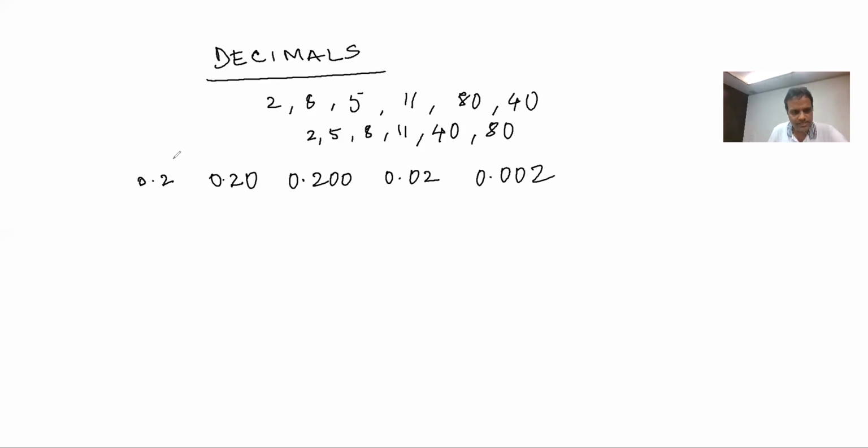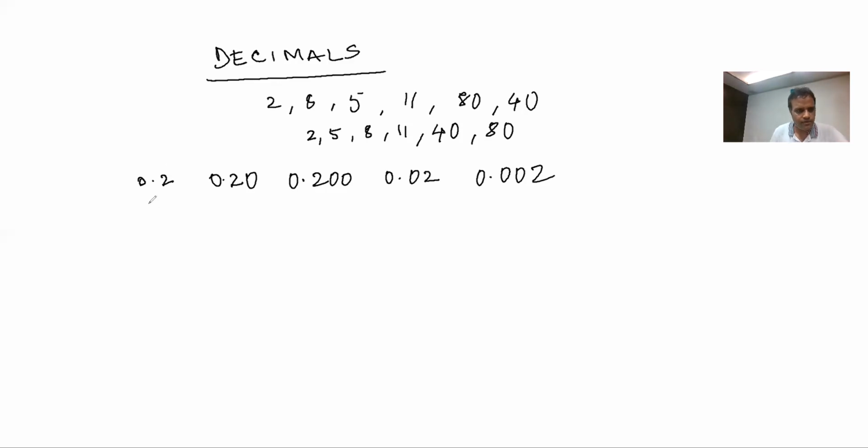Decimals are first converted into fractions. All decimals can be converted into fractions, and all fractions can be converted into decimals.